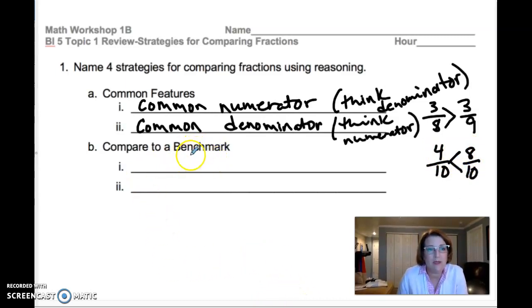In the next lesson, we compared fractions to a benchmark. And the 2 benchmarks we used, we either compared to half or we compared to 1.